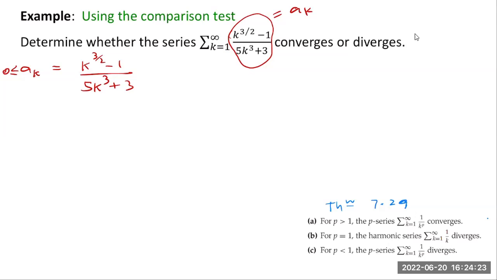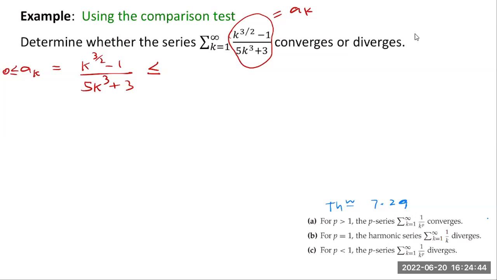Now, as I said, I need something to compare this with. I'm going to get something bigger than this AK. I want some BK that is bigger than this quantity. Let's see if we can come up with something bigger.